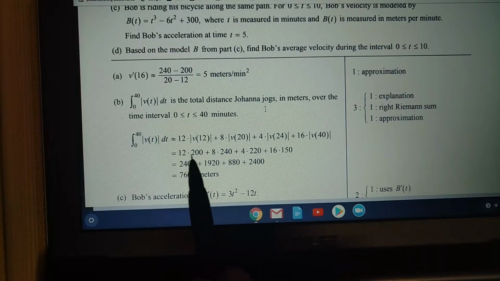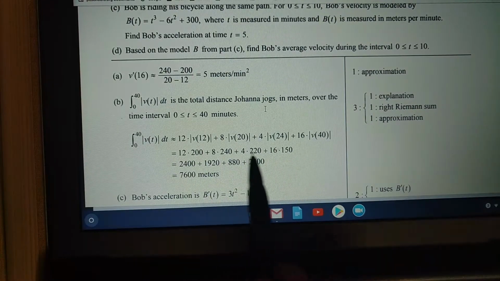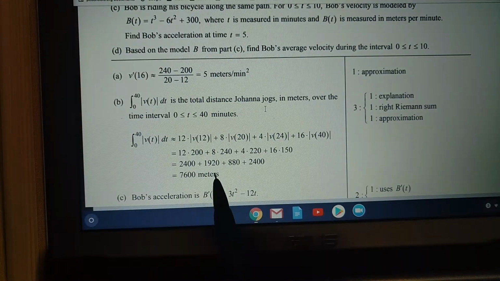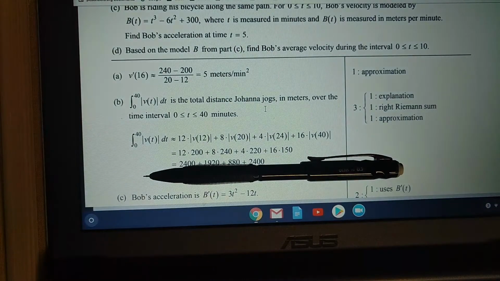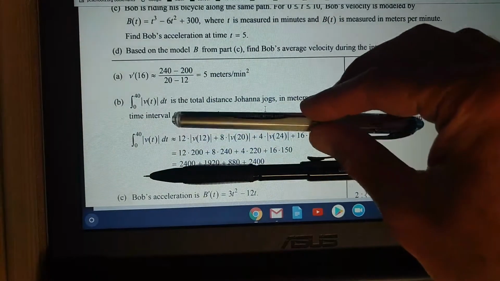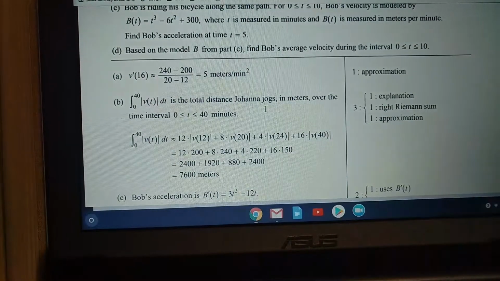If you have this line, that gets you both the sum point and the approximation point. You don't even have to simplify to these two lines. So if all you had was this line right there, you would get both points. Okay, moving on.